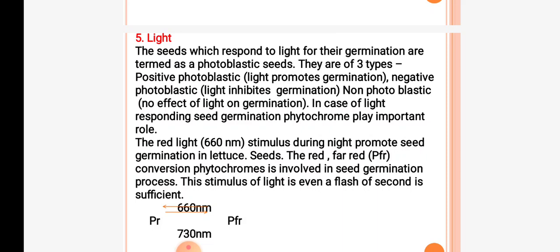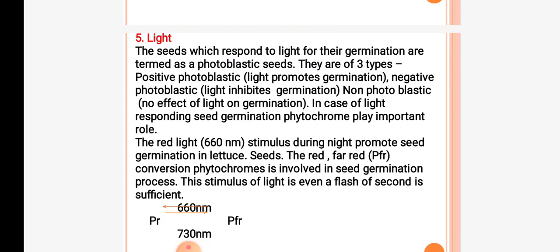For this stimulus, even a flash of light for a second is sufficient for the seed germination process. So phytochrome PR gets converted into PFR. At that time there is more seed germination.